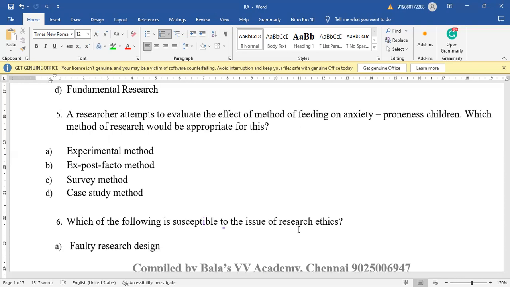Ex post facto method, sir. Very good, because the effect can be seen after the feeding, right? That is the keyword. So ex post facto means the research will start after the fact, correct? After something happened.